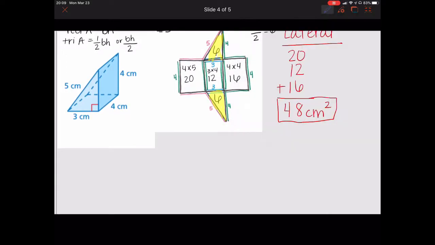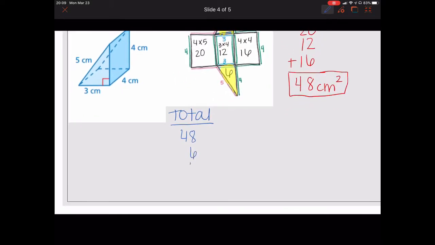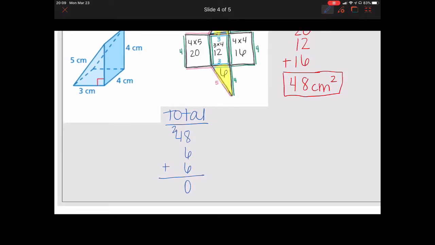And so now we're going to go ahead and do our total surface area. You take your lateral, and now you add in your two bases, which we knew was 6. So when we add that up, we get 16 centimeters squared.